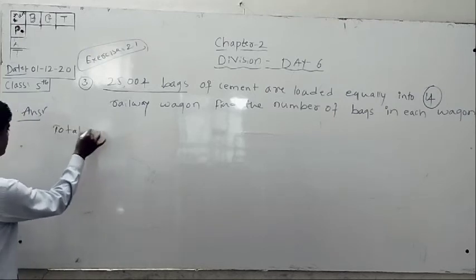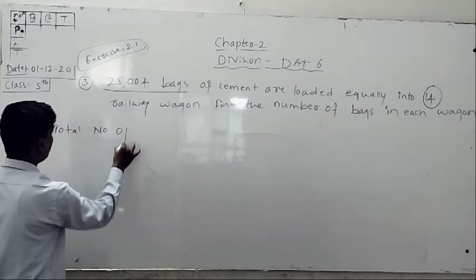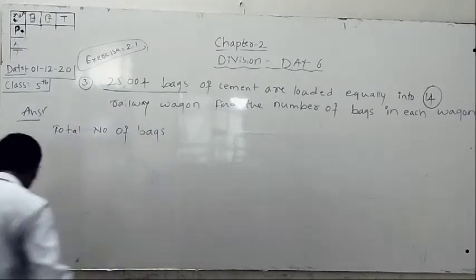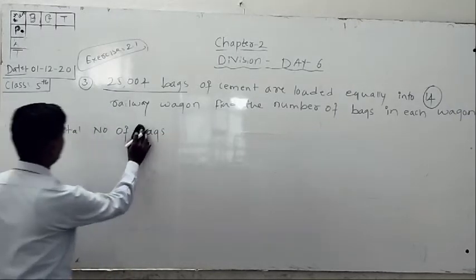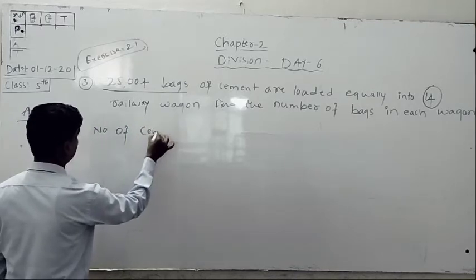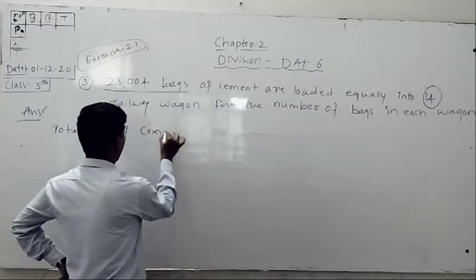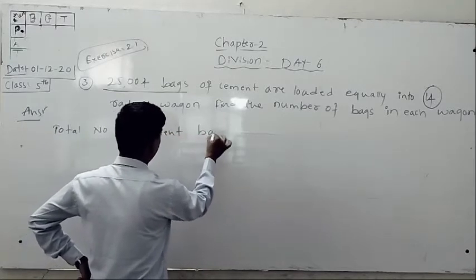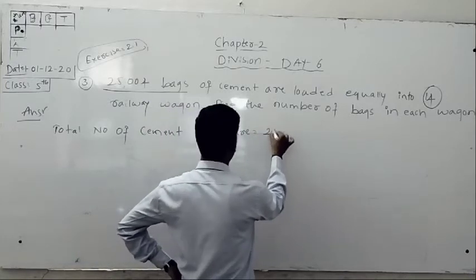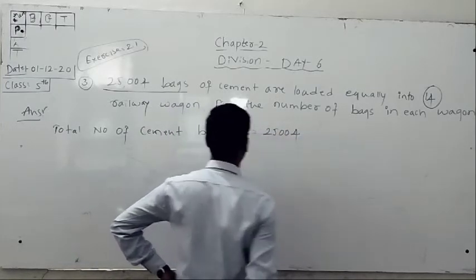Total number of bags. Total number of cement bags, you should write accurately. So total number of cement bags are 25,004.